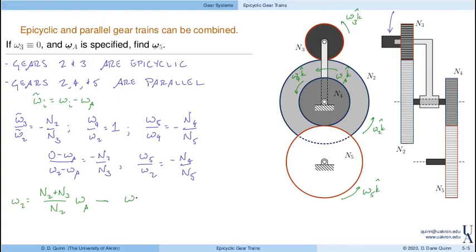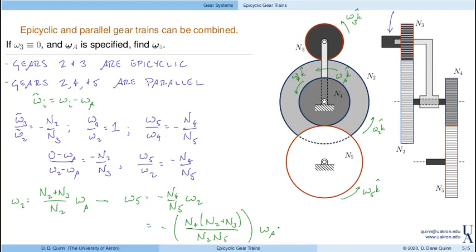So omega 5 here is minus n4 divided by n5 times omega 2, or putting this all together, we get minus n4 times (n2 plus n3) divided by n2 times n5 times omega arm.